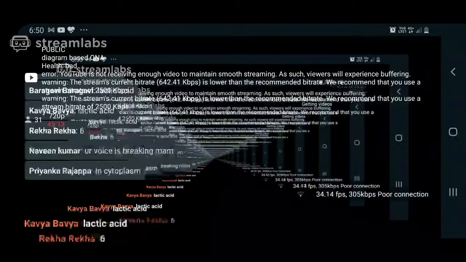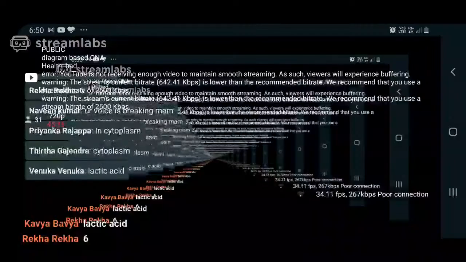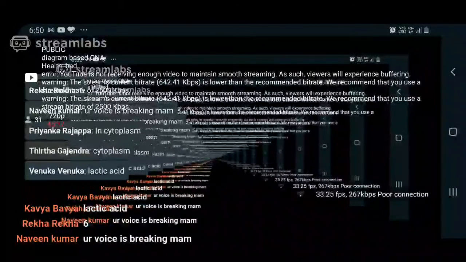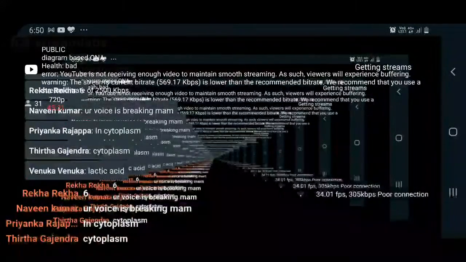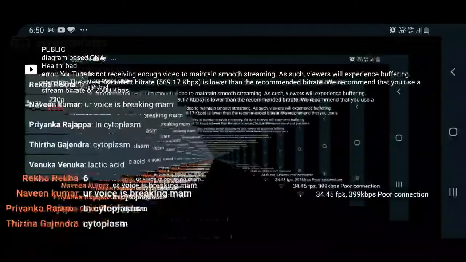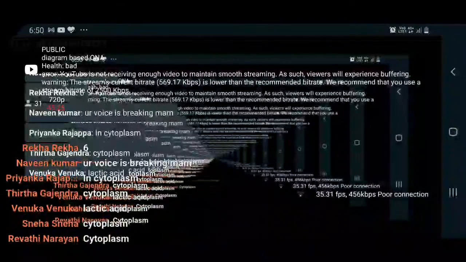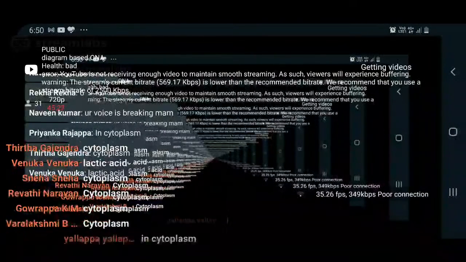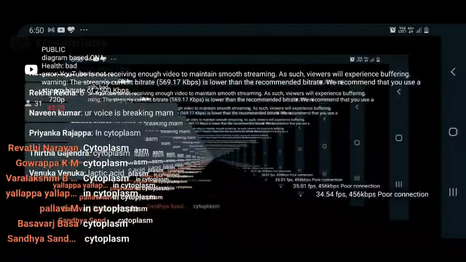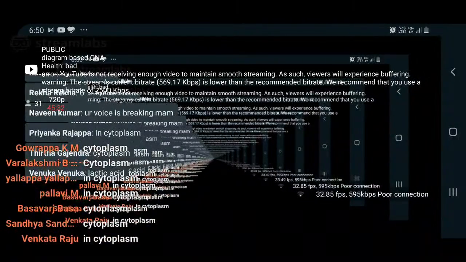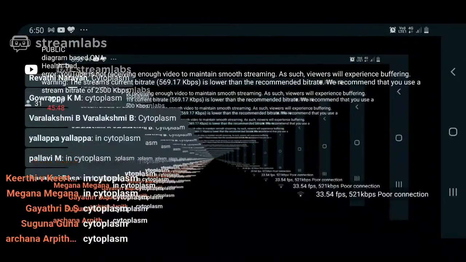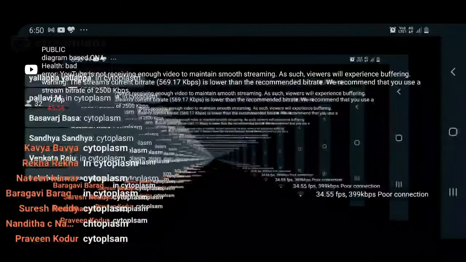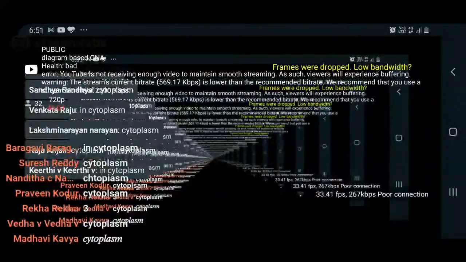Okay, my next question is, glucose converts into pyruvate. Where actually does glucose convert into pyruvate? Yes, Priyanka and Yashashwini answered first. Cytoplasm is the correct answer. Very good. Yashashwini and Priyanka, correct? Arpita, right? Very good answer.